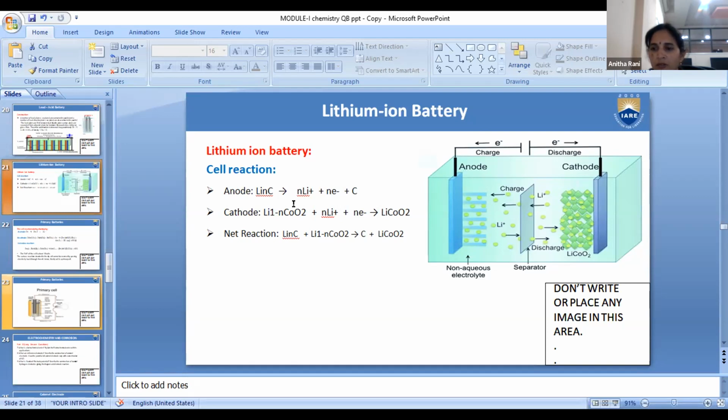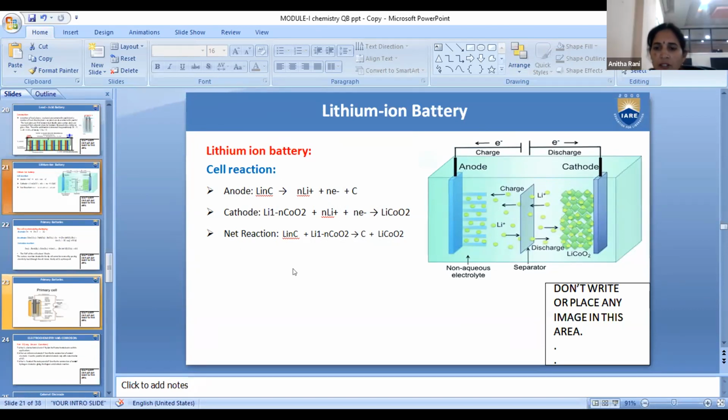LiC plus Li(1-n)CoO2 gives carbon graphite plus LiCoO2. Lithium is losing electrons at the anode, so this is the discharging reaction.